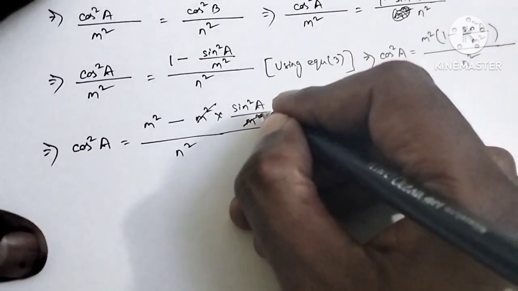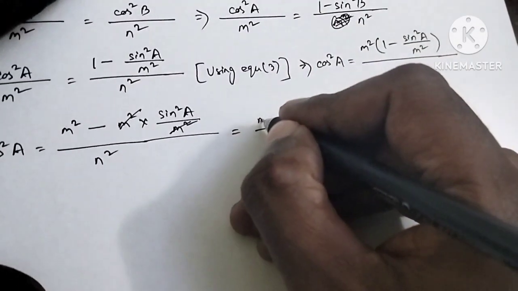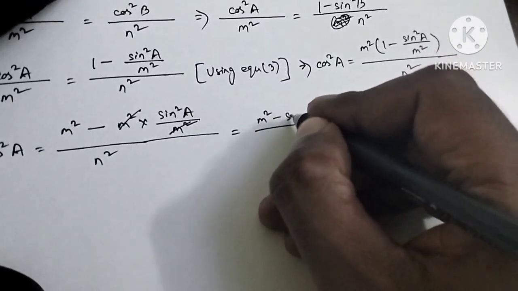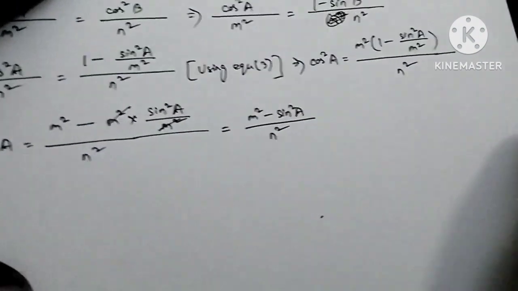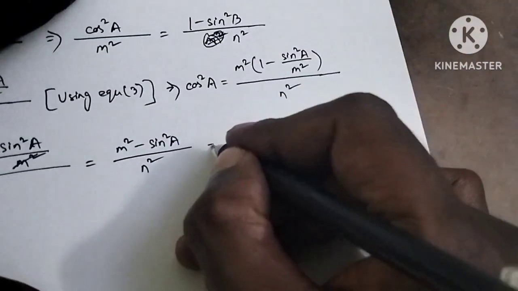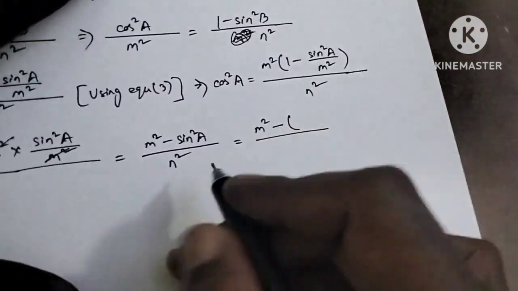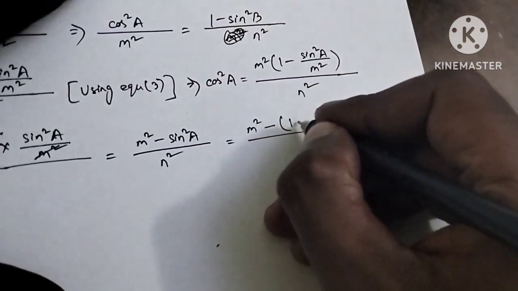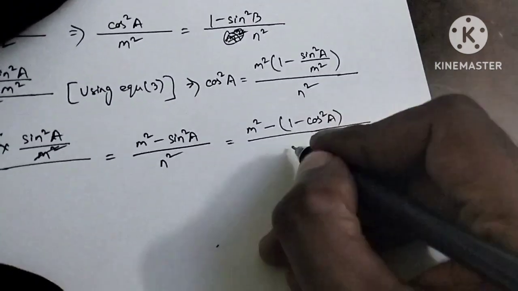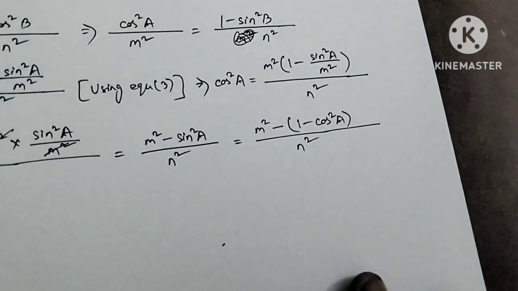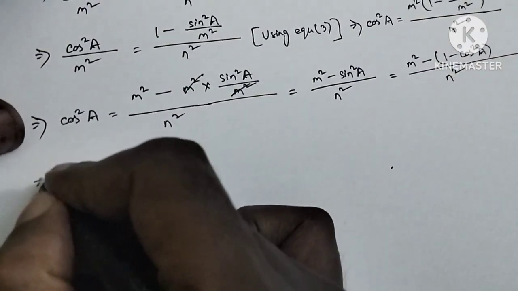So this m square and m square will get cancelled. So this will become m square minus sin square A by n square, right? So this we can write as m square minus sin square A, you can write it as 1 minus cos square A by n square, right?